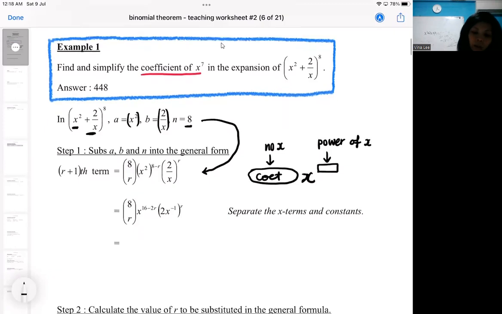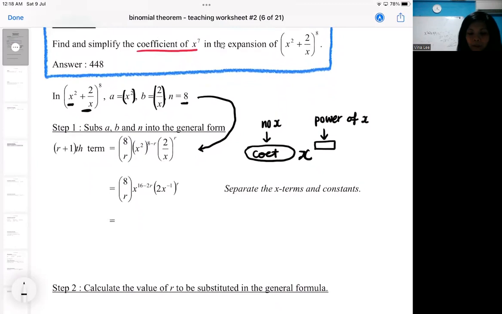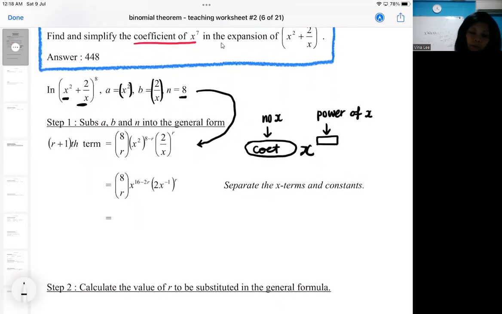A lot of people get challenged by it, especially if you're the kind who doesn't do step by step. If you look, this to me is no x. This has an x, and I need to simplify using my indices. Multiply the power.